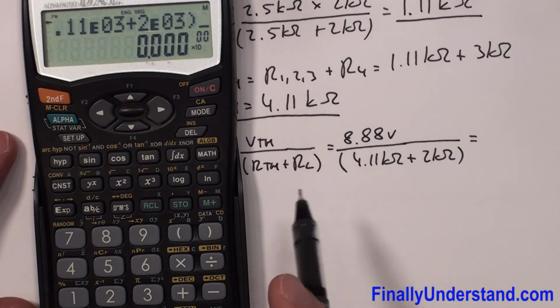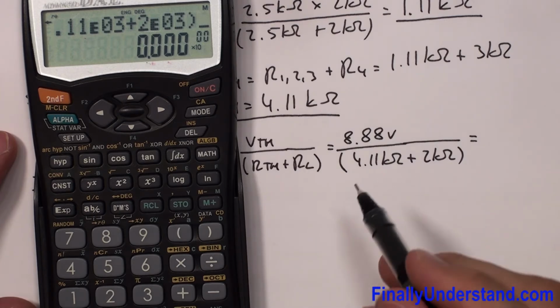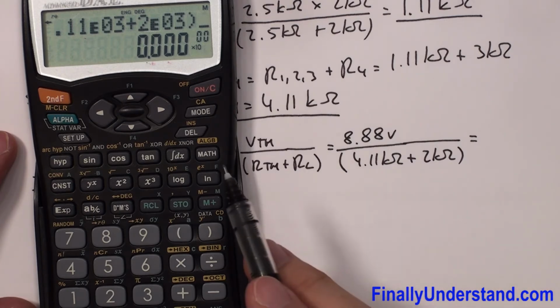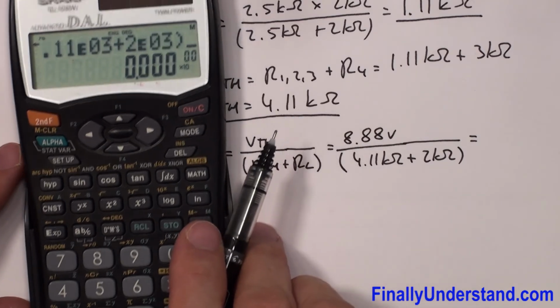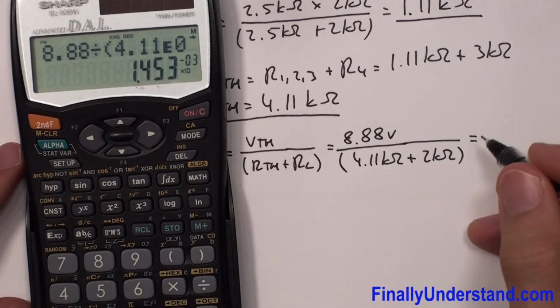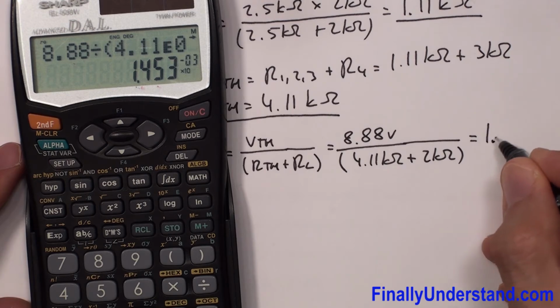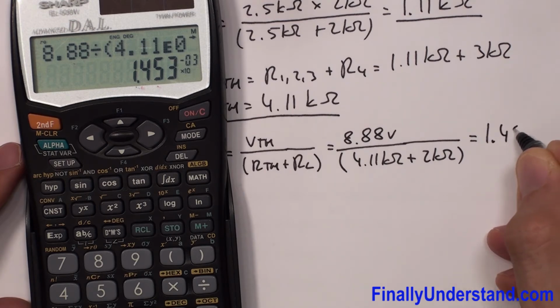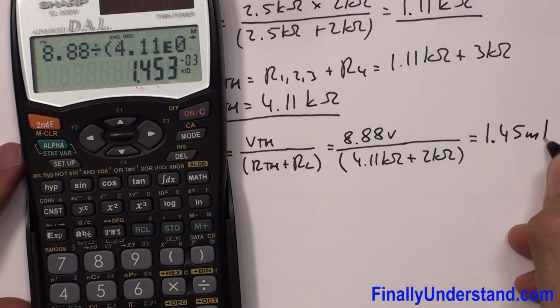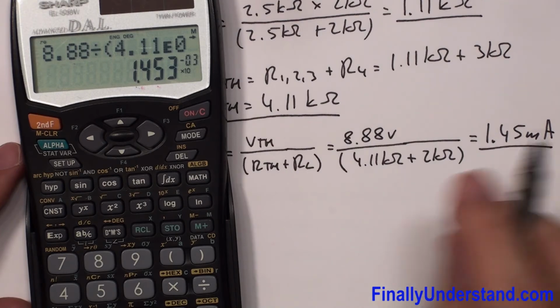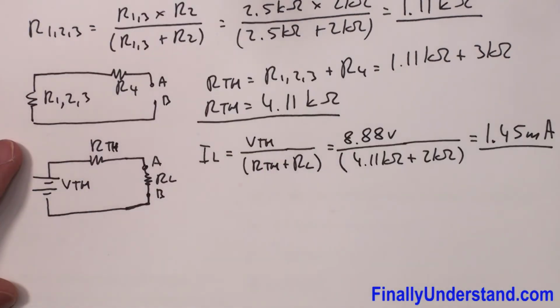In order to get the right answer, you're supposed to make sure that you enter proper information into the calculator. This is equal to 1.45 milliamps. Okay, so this is the current which will flow through the resistor RL.